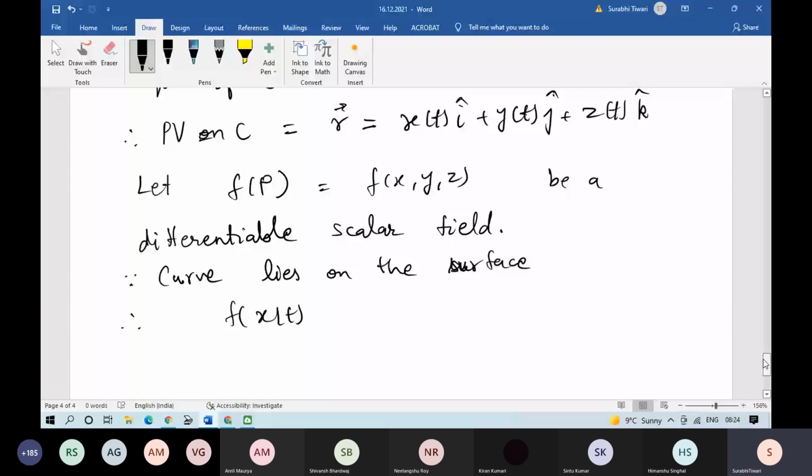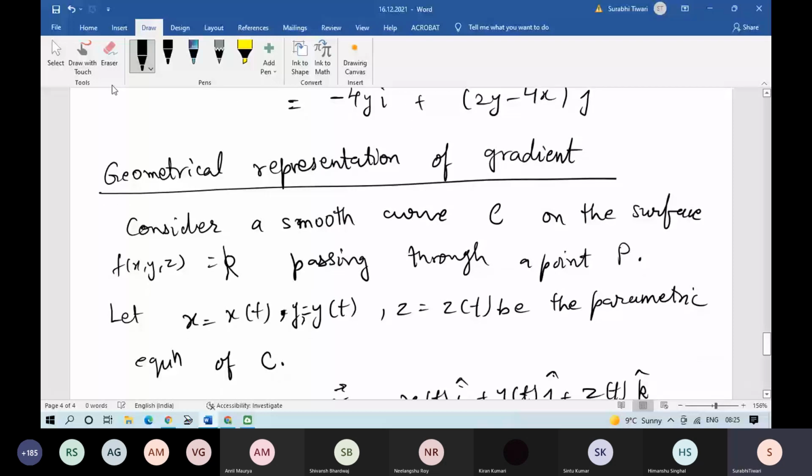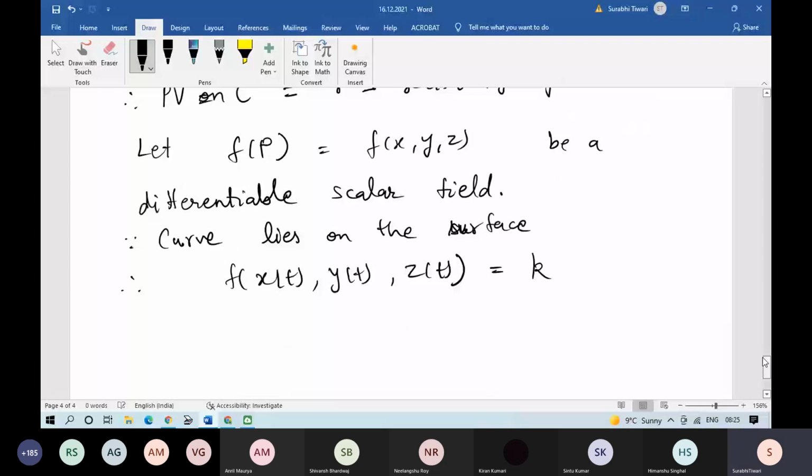What did we assume above? f(x, y, z) is equal to 0, let us take it as some constant k. So this is equal to k. So this means the total differential df by dt is equal to 0.